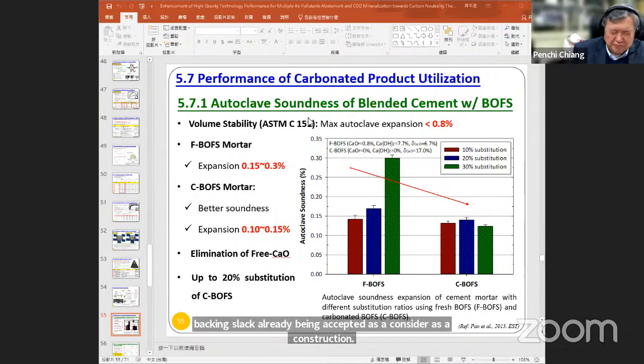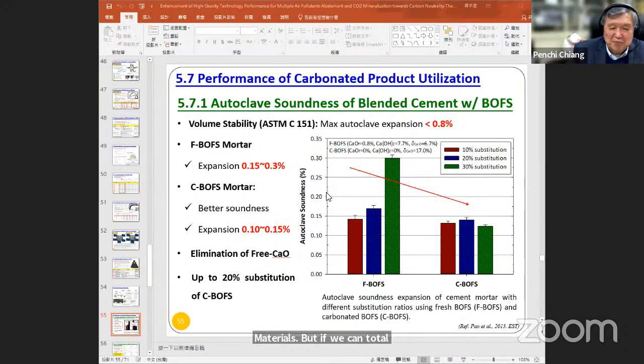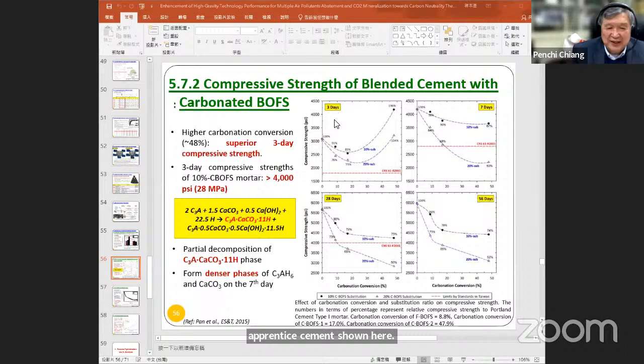But if we can further utilize the steel making slag as a good material for carbon dioxide reduction, we can have a better performance based on the so-called autoclave of the branded cement shown here. This is for 3 days, 7 days, 28 days, and 56 days. That's the Portland cement level.